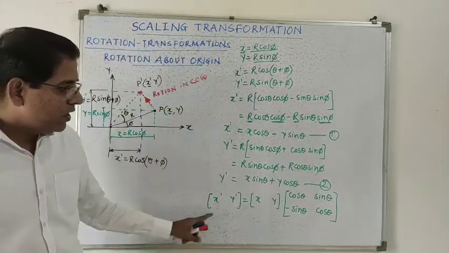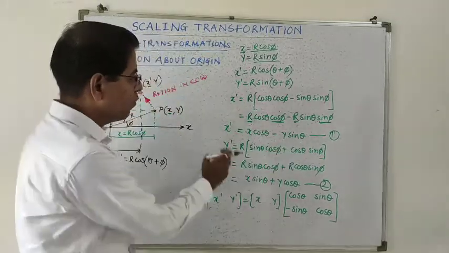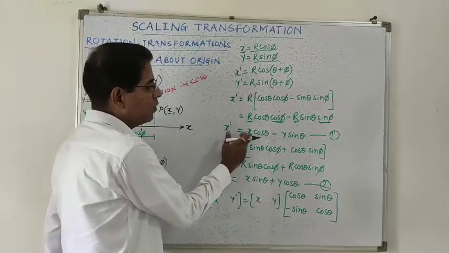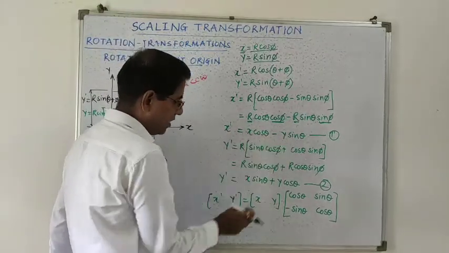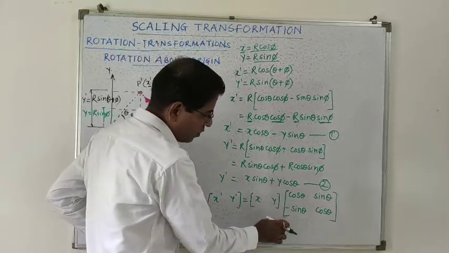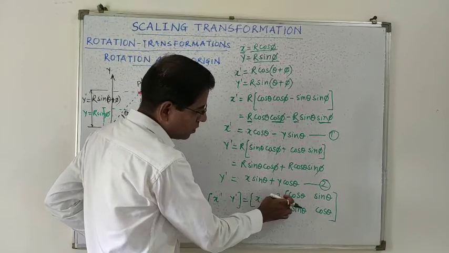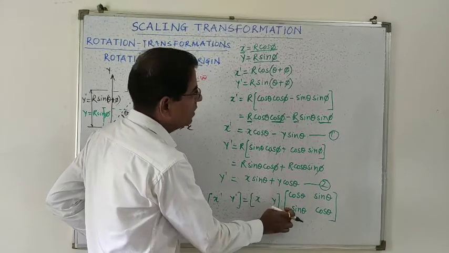Okay. Now here we are not changing the meaning of the two equations. What is the first equation? X dash is equal to x cos theta minus y sin theta. We can cross check it: x dash is equal to first row first column, x into cos theta, minus y into sin theta.